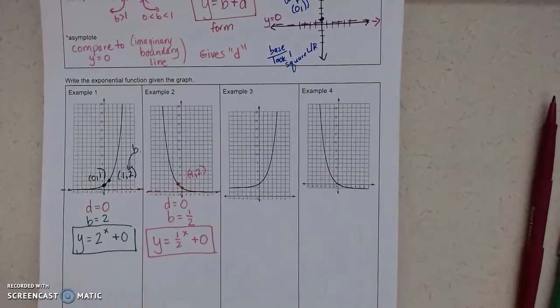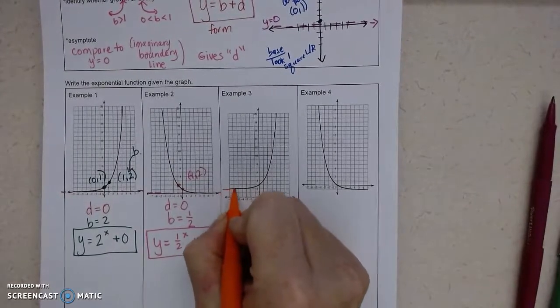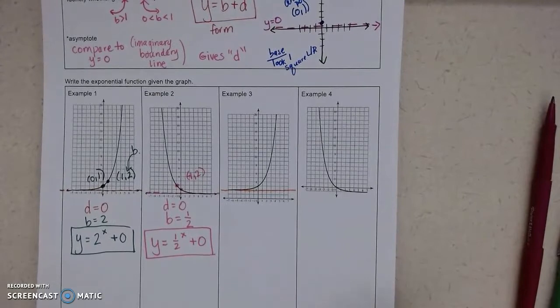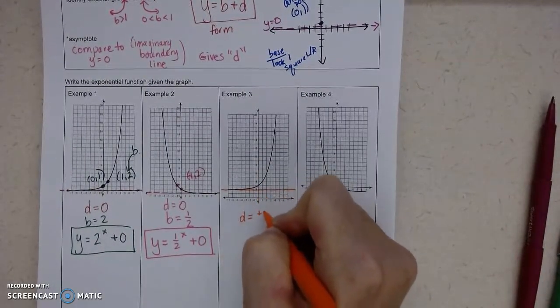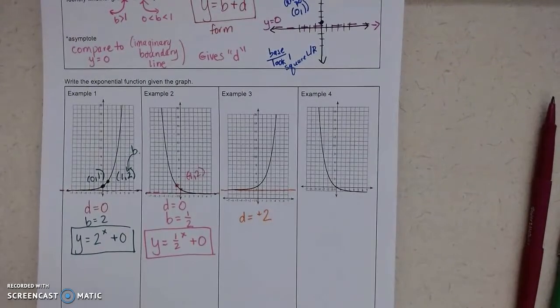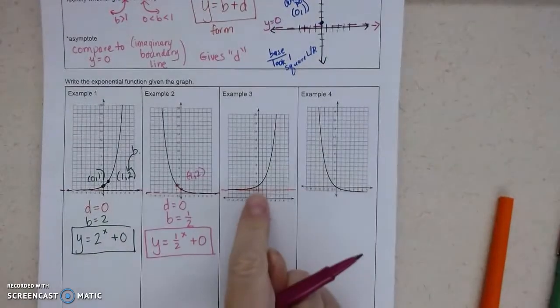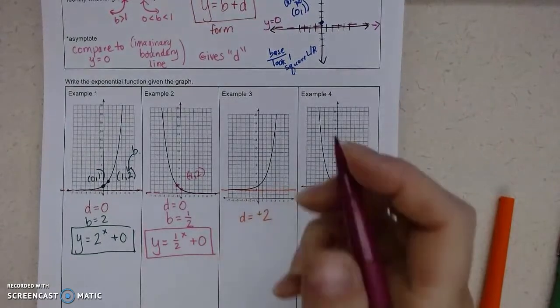All right, let's have some with vertical shifts. So you can kind of see our graph bottoms out. So we're going to move our asymptote right there, which is up 2. So that means that d is plus 2 because it's positive. So now, same idea. Our anchor point is still, if you act like that's our new x-axis, so you want to pretend.